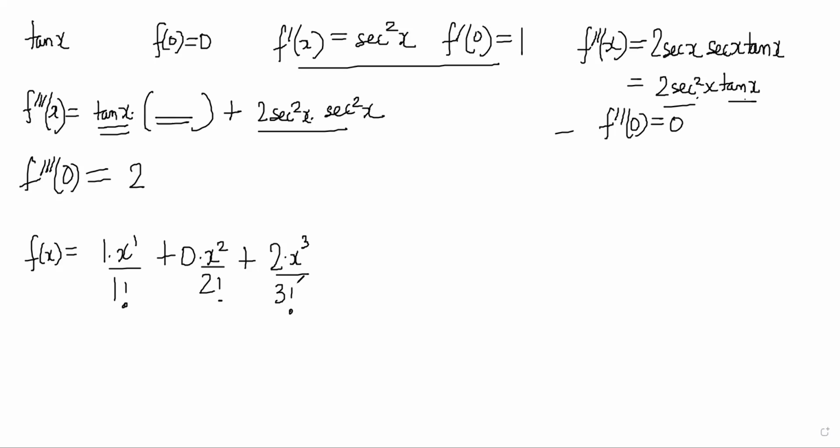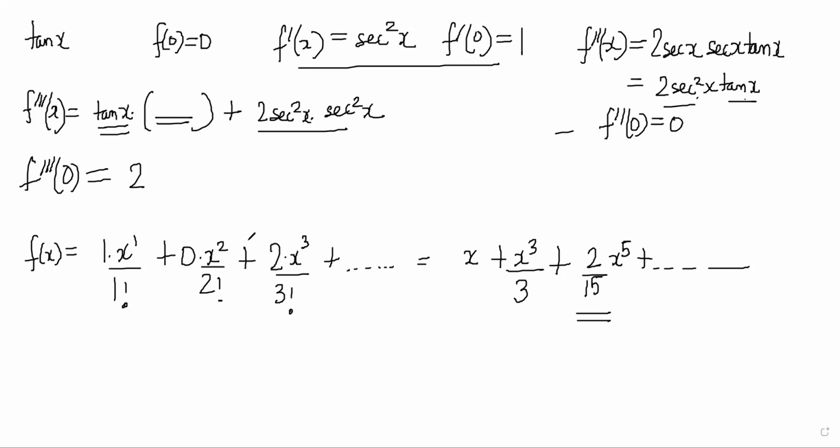And so after that, you'll have to do a little more to get other terms, but I don't care so much. It will be simply x plus x cube by 3, right? Plus the next term turns out to be 2 by 15 x power 5, but you can do it by doing the derivatives, but it is annoying, so I'll not do it.